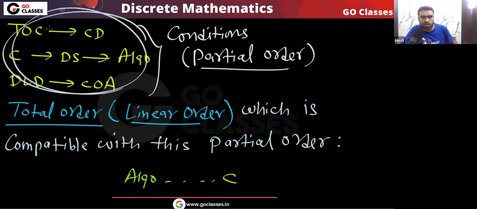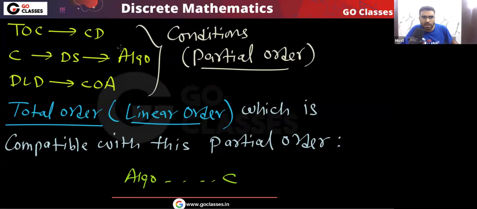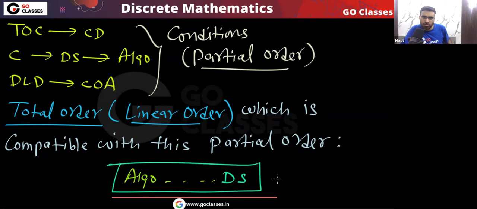This partial order says that before algorithm you should do data structure, and before data structure you should do C. Can I do algorithm before data structure? Again, this is invalid.